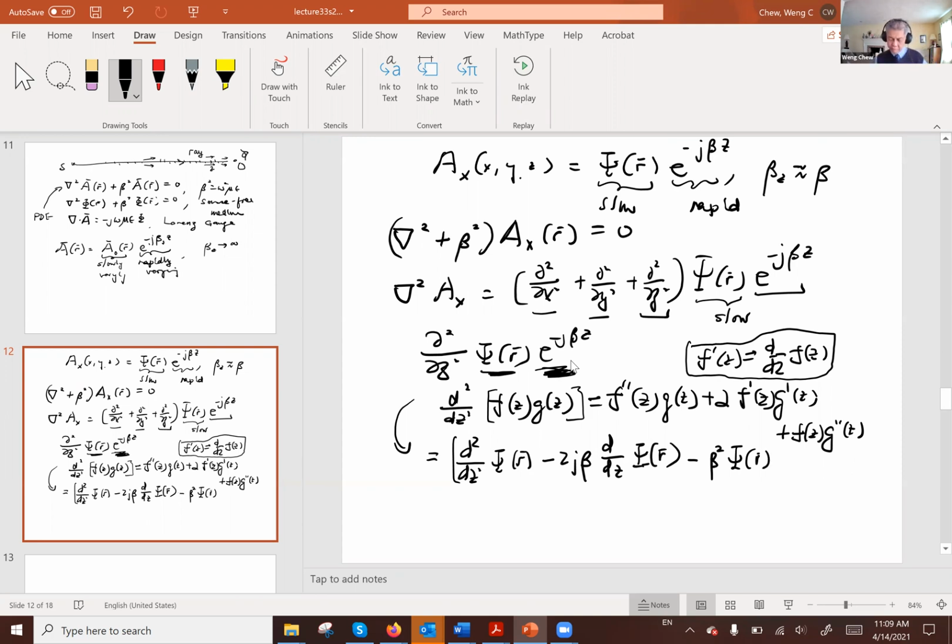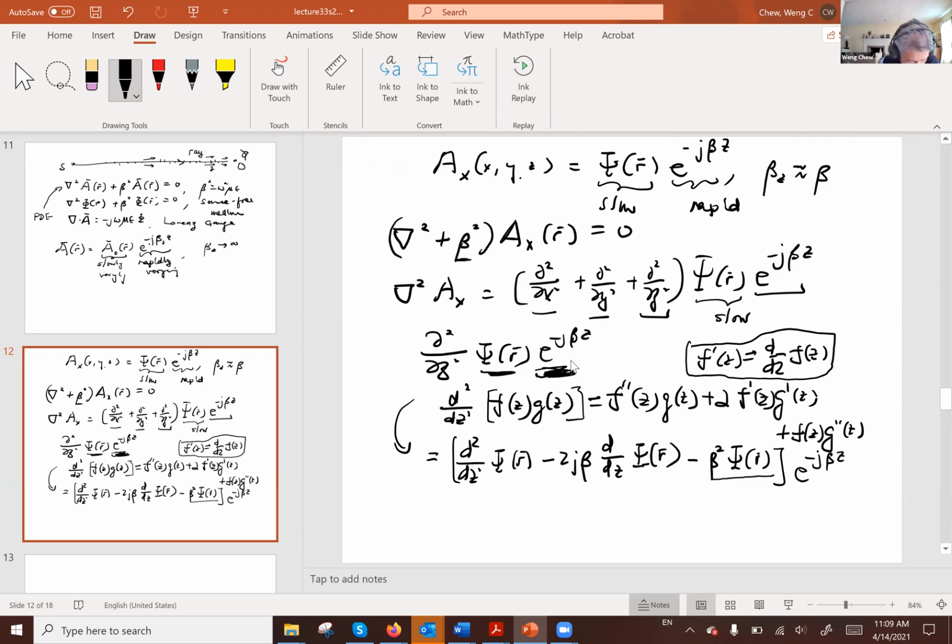Okay, and then all of them still have this term with them, but I'm going to put that outside the square bracket. So if I take the second derivative of that, I get that complicated function. And now I can back substitute this second derivative into that original function. And what I have then is that there's a beta square term coming from here, and that would exactly cancel this term.